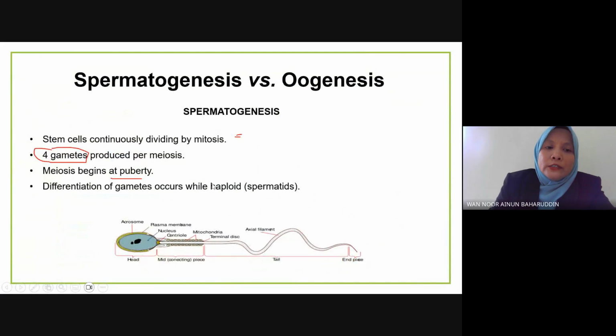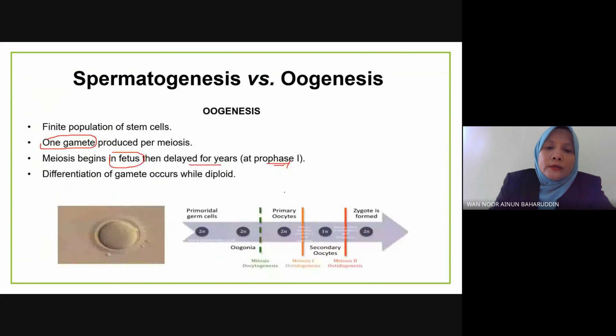Then differentiation of the gamete occurs while haploid, meaning even though meiosis is not yet complete, they directly become spermatids. But differentiation of the gamete in women only occurs when they are diploid, meaning once fertilization occurs.